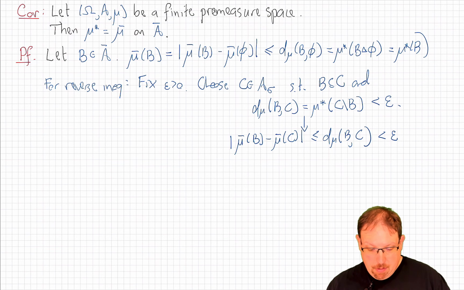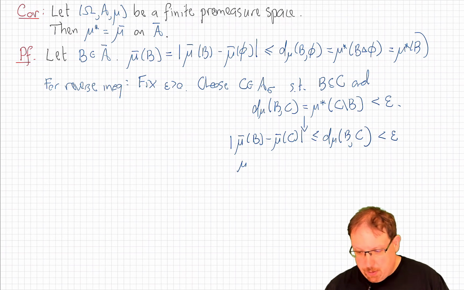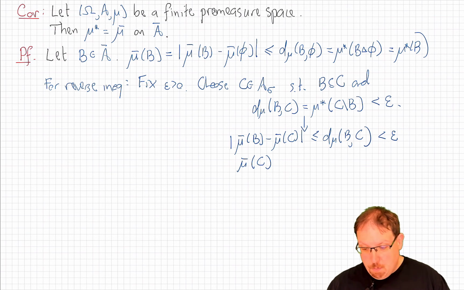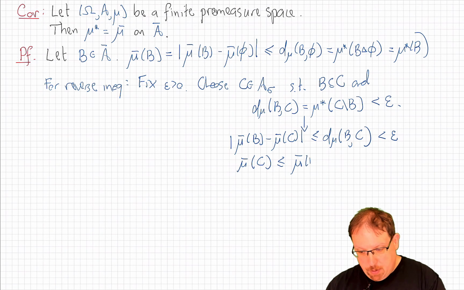And from there, by taking off the absolute value bars and comparing the terms in the order we know they come, the extended measure mu bar of C is less than or equal to the extended measure mu bar of B plus epsilon.